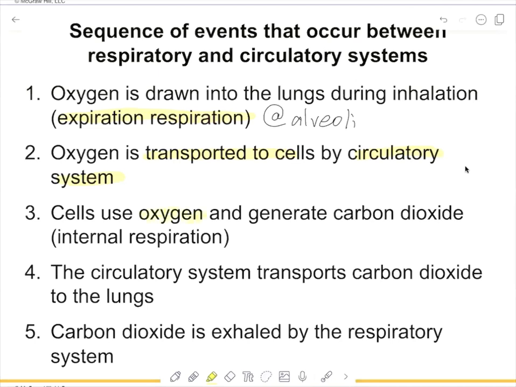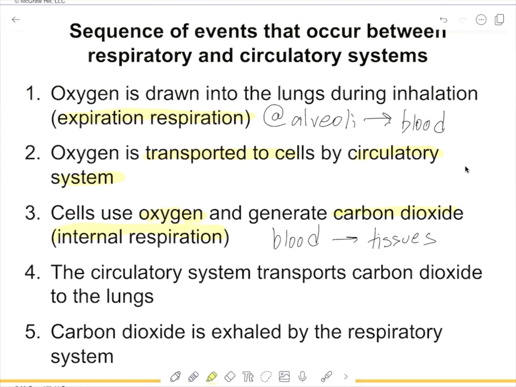So the cells use oxygen and generate a waste product called carbon dioxide, and that's internal respiration here. So we see movement of gases from the blood into the tissues, whereas for external respiration, it goes from the alveoli into the blood.